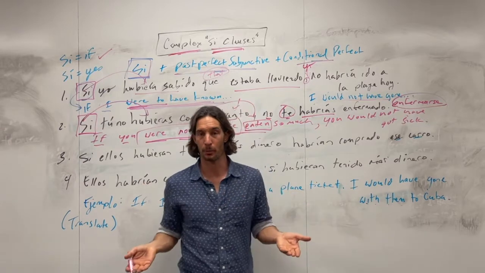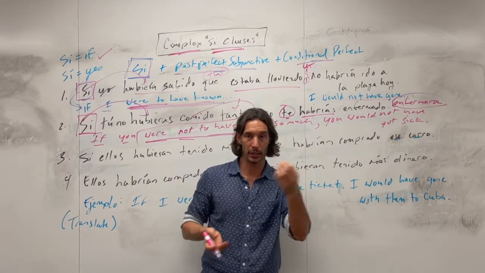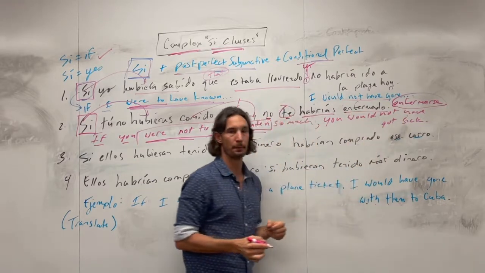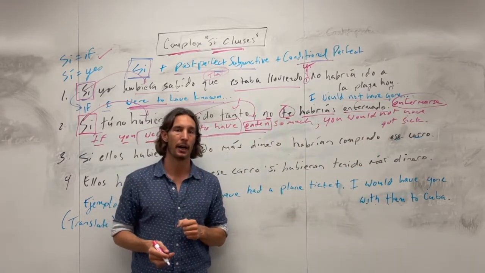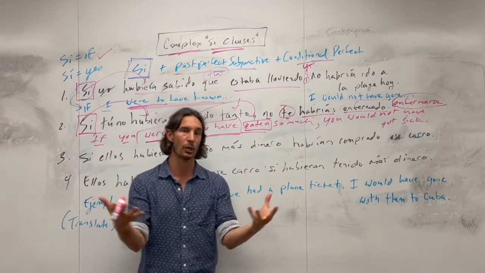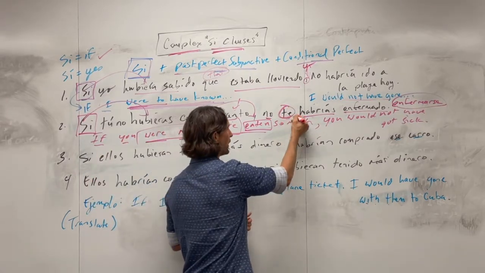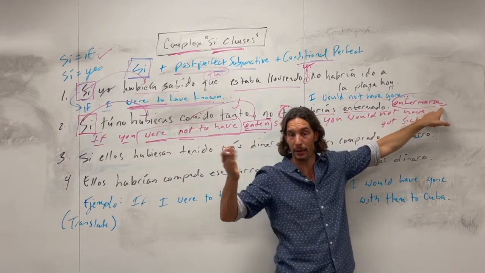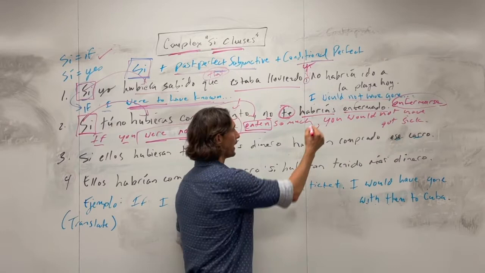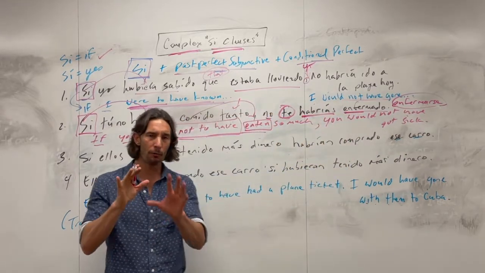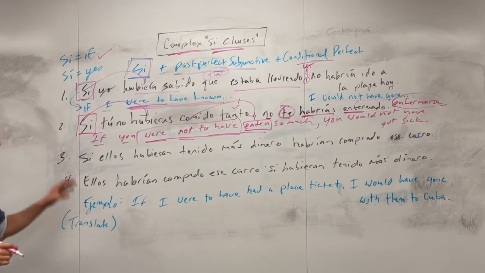It's part of the conditional perfect: the haber in the conditional, and then the past participle. That's where enfermado is coming from. We have to agree here with the reflexive. We can't just abandon it. We've got to use it. And then we make this a perfect tense, the conditional perfect. So hopefully that made sense.